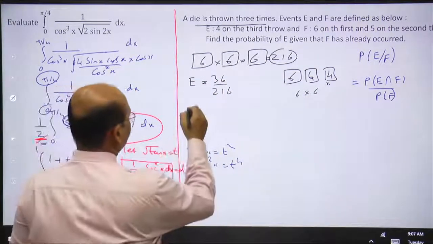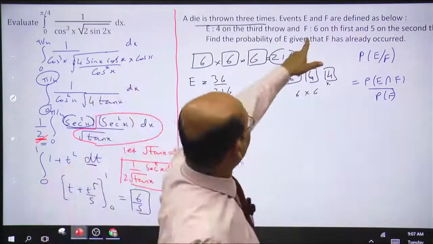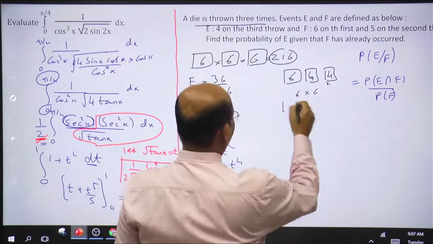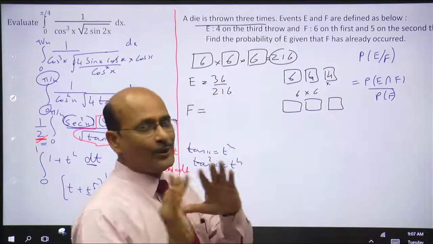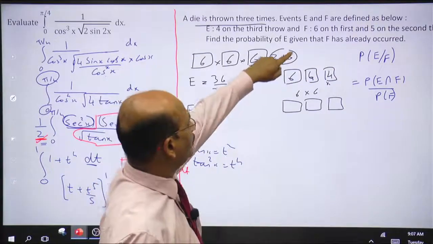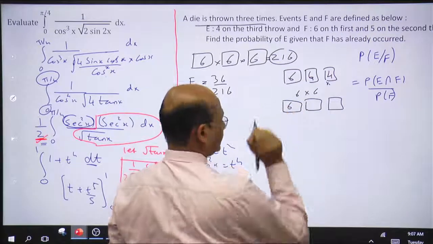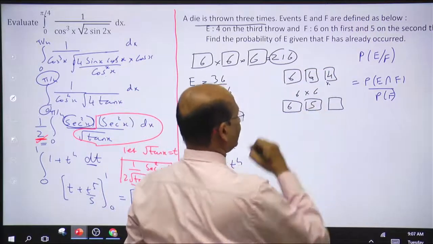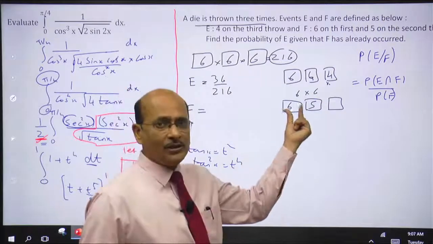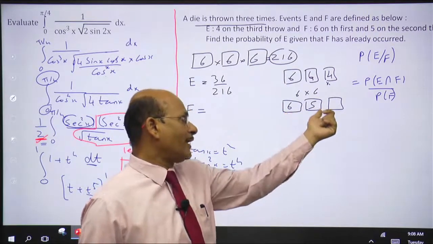Now F outcome says, pay attention, this is called axiomatic approach where we are doing directly. So pay attention, very nice question. 6 on the first, so 6 is fixed, lock. 5 on the second. So these two numbers on the first 2 dice are fixed, that is 6 on the first and 5 on the second.